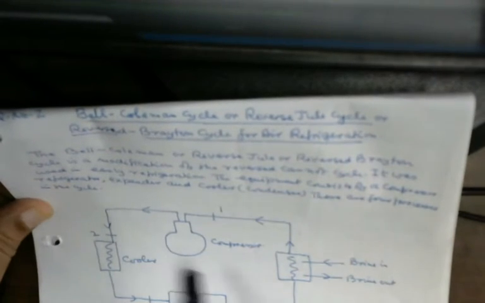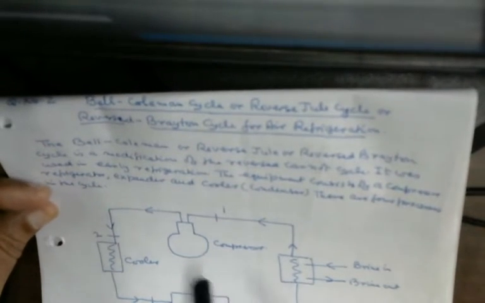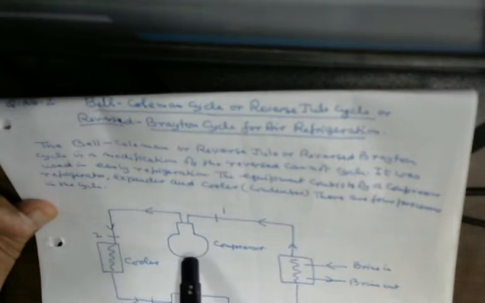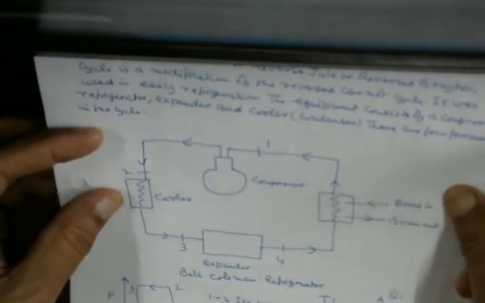processes in the cycle. So just you can see in the Bell-Coleman cycle, the compressor is there, and from the compressor the air goes out. There is no refrigerant, air is being used as the refrigerant.